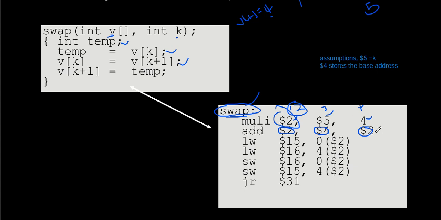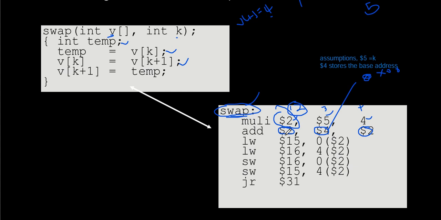So let's assume that the base address, which is $4, was something like 0x08. Then we add $2, which is 12. So 0x08 plus 12, I think that's 20 in hexadecimal, and that will be stored in here. But don't worry much about that. That's what the instruction is doing.